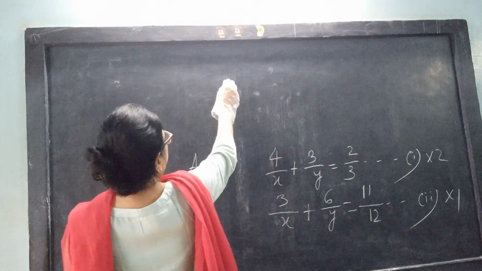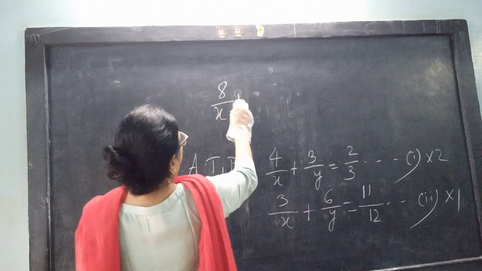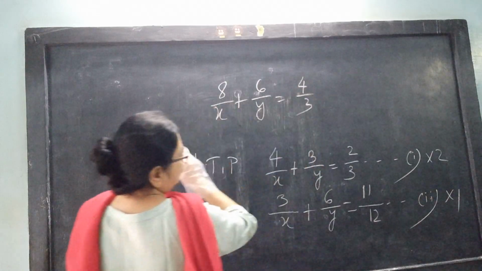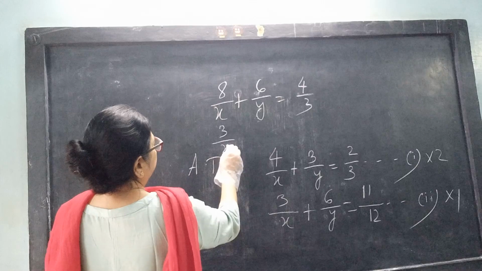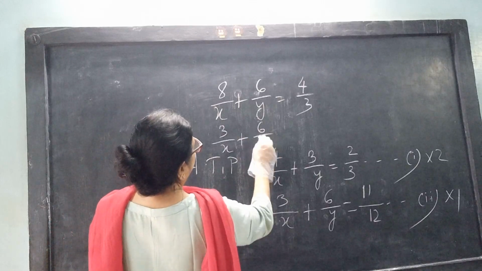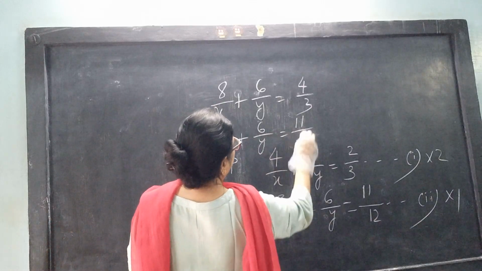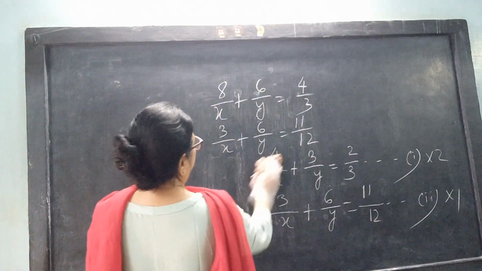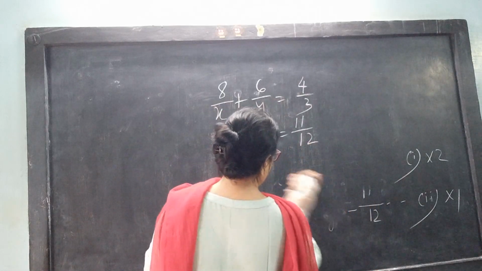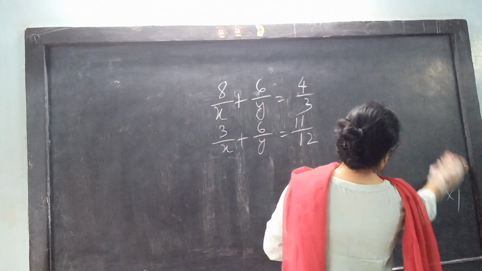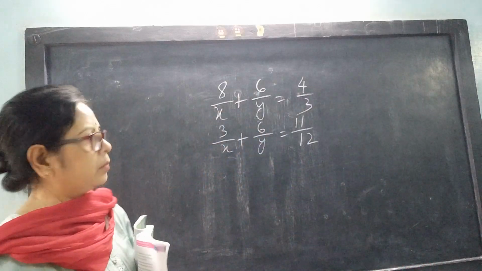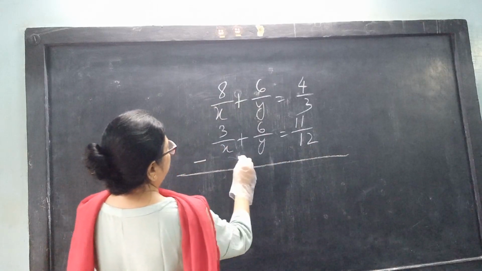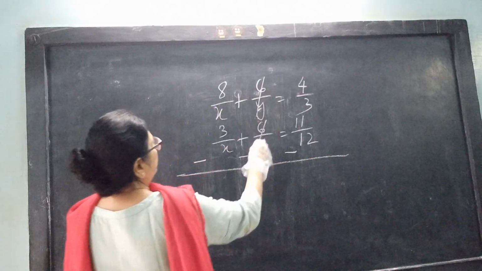First one becomes 8 by x plus 6 by y equals 4 by 3. Second one, multiplying by 1 means the same, you will copy. Then we will subtract. When subtracting, the sign will be changed, and the y terms will cancel out.